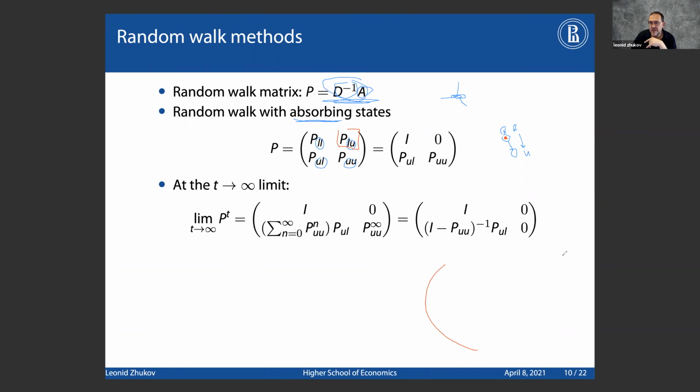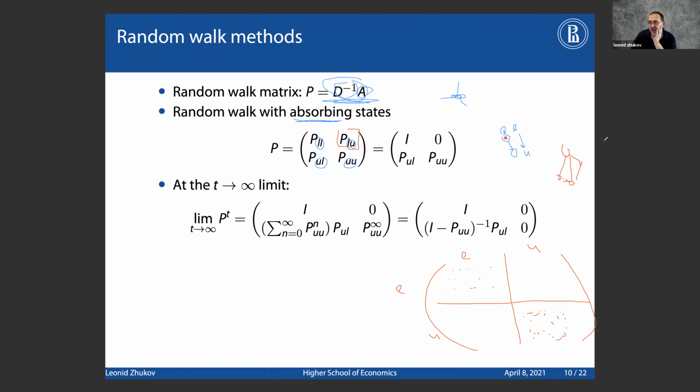So the entire matrix, though it's written 4 by 4, you should think about as a big matrix split into 4 quadrants. Here we have all the labeled. There are values for transitioning from labeled to labeled, labeled to unlabeled, unlabeled to labeled, and unlabeled to unlabeled. Unlabeled to unlabeled is just from one node to another when there are no labels, so it can easily transition, and we always have values here.